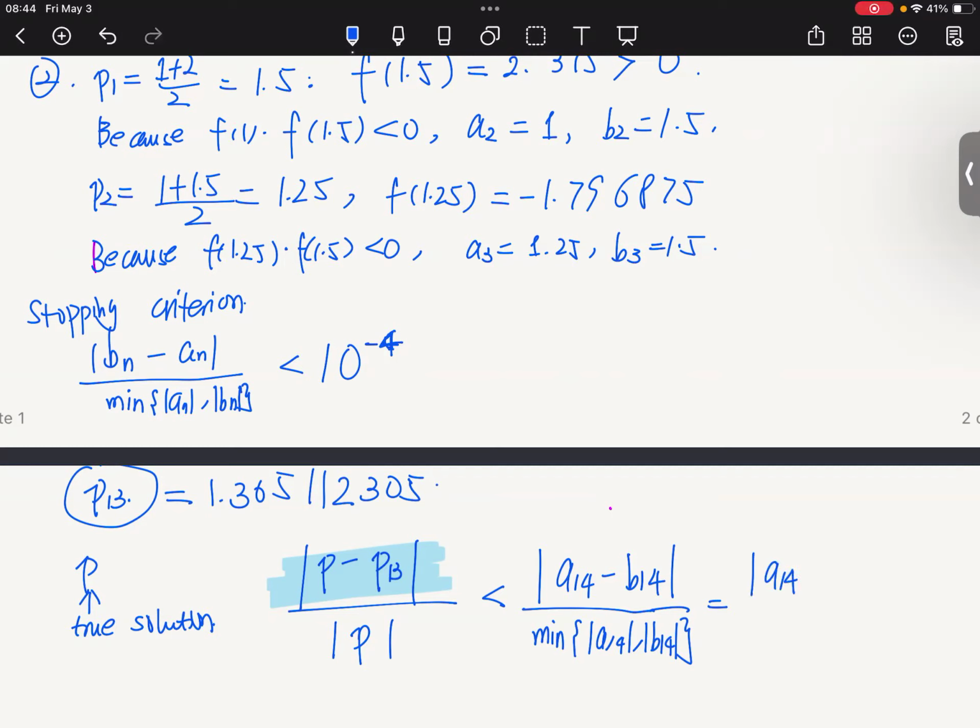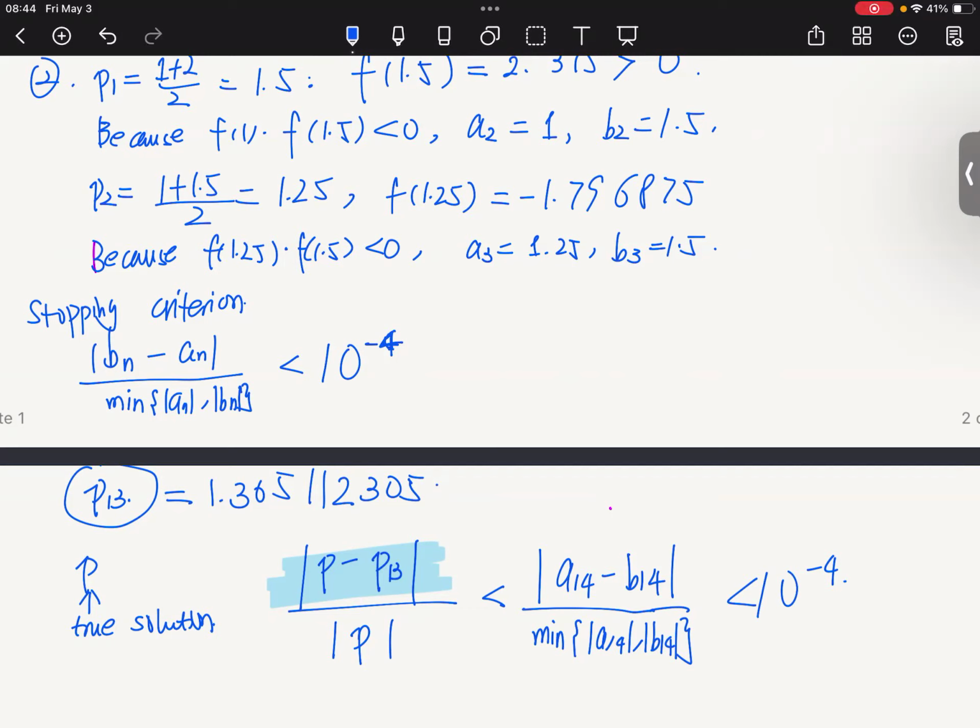If this one is smaller than 10⁻⁴, then the relative error is smaller than 10⁻⁴. Does it make sense? We don't know the true solution, but we can use this as the criterion to stop our iteration, because this bounds the relative error.